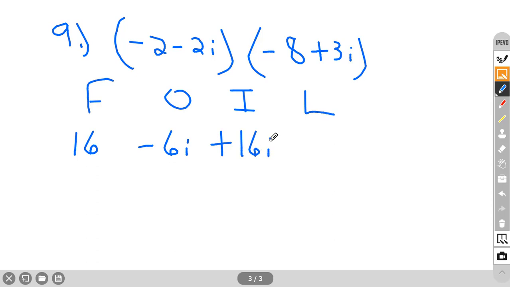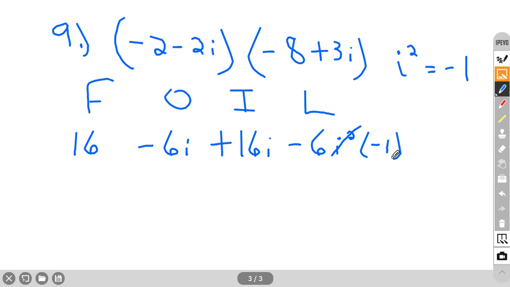And then last, negative 2i times 3i is going to be a negative 6i squared. Okay, i squared is equal to negative 1. So I'm going to take this i squared and replace it with negative 1.